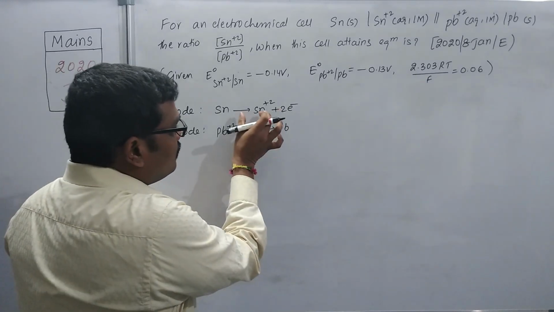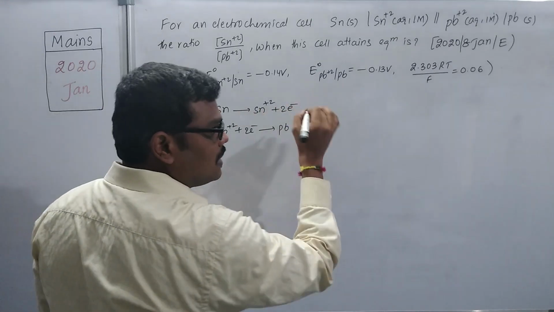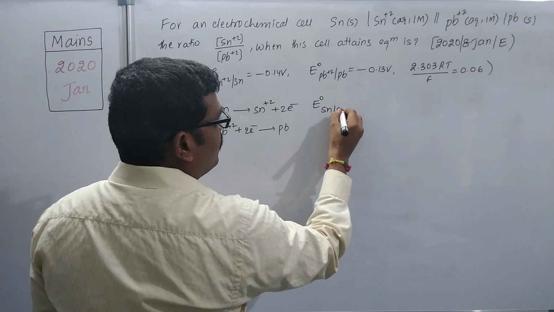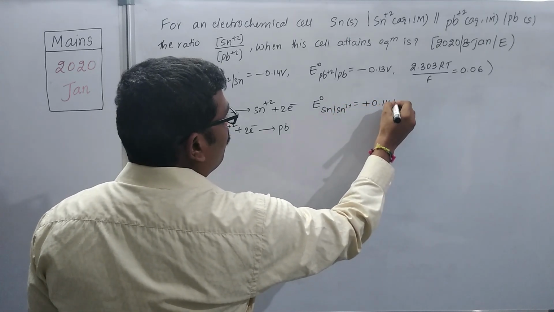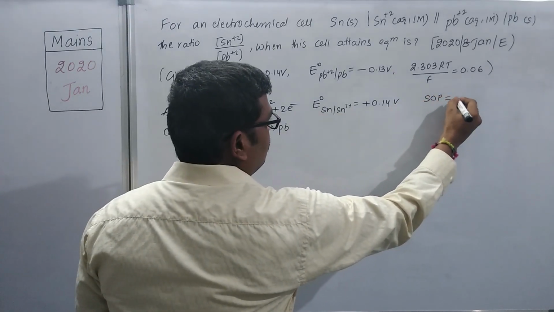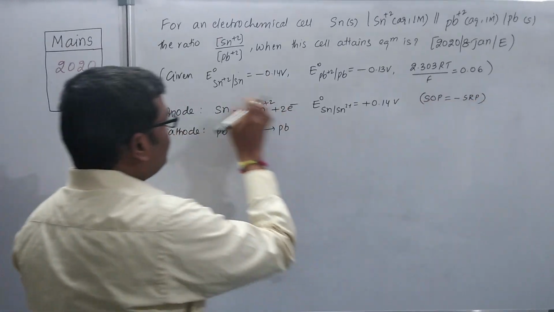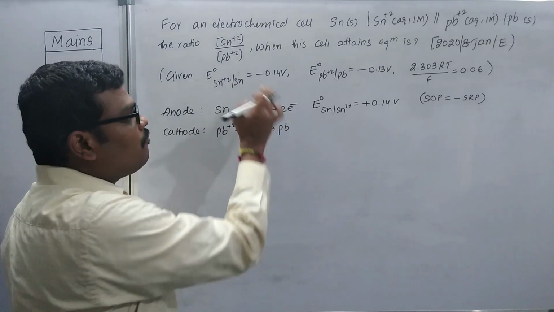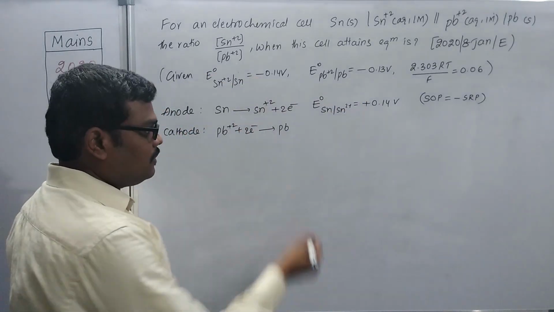This process is oxidation, so we have to take the standard oxidation potential. The standard oxidation potential of tin is plus 0.14 volts, because standard oxidation potential is equal to minus standard reduction potential. In the question, the reduction potential of tin is given. Minus of minus 0.14 volts gives plus 0.14 volts.